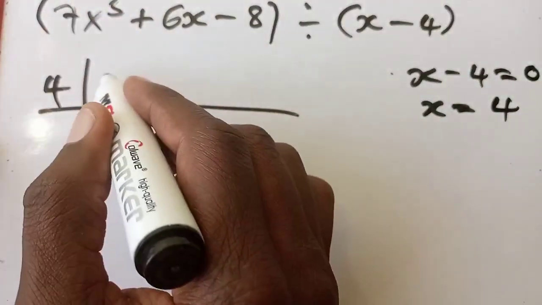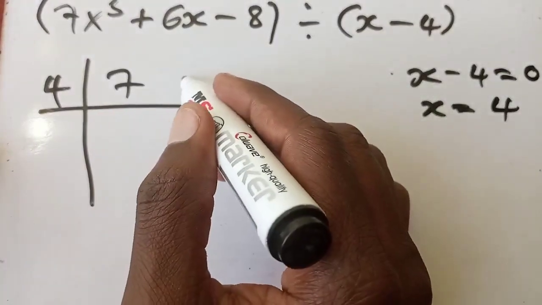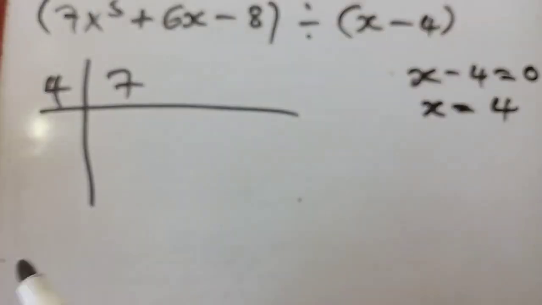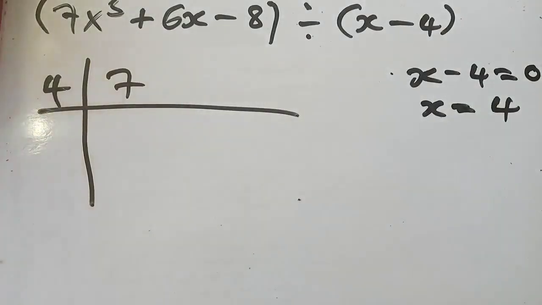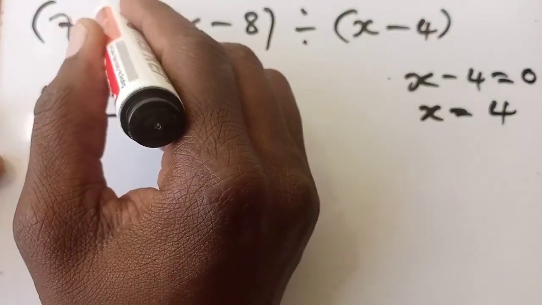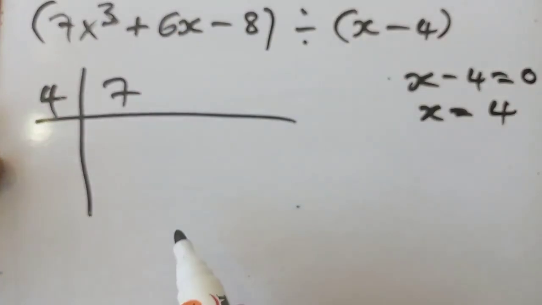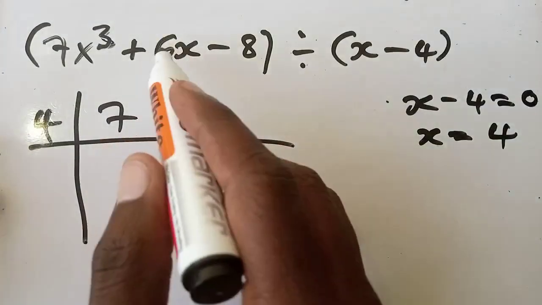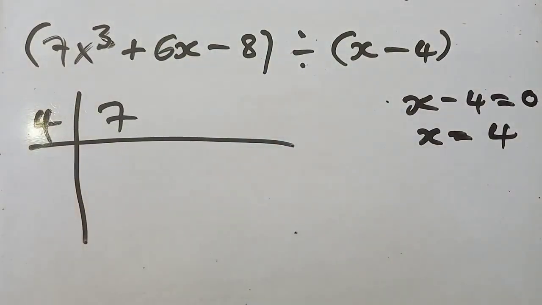Now this is where you need to be careful. If you've seen here, this is power 3. What follows next? Power 2, the other one power 1, the other one without the power. That is how the polynomial is supposed to be written.